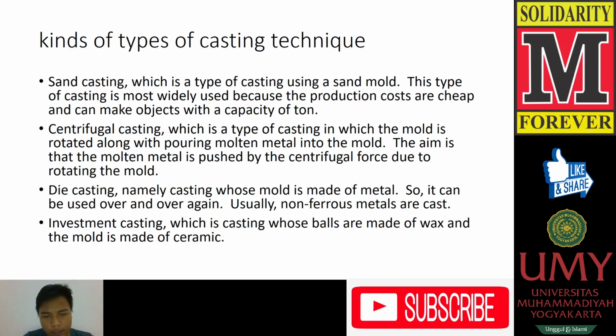Die casting, namely casting whose mold is made of metal, so it can be used over and over again, usually for non-ferrous metal. Investment casting, which is casting whose pattern is made of wax and the mold is made of ceramic.